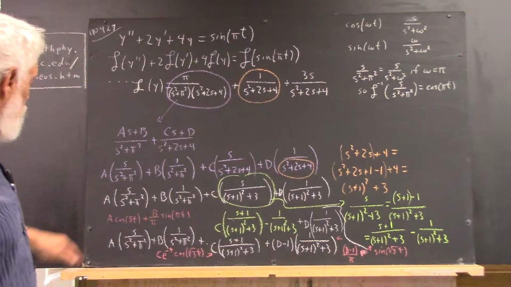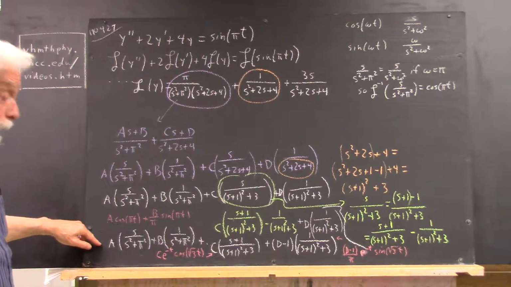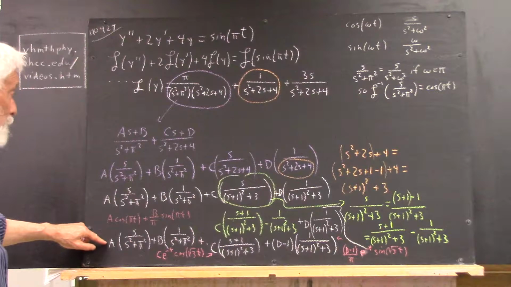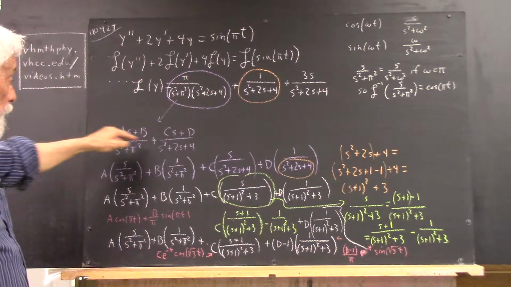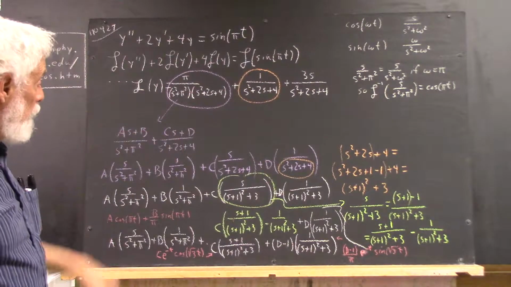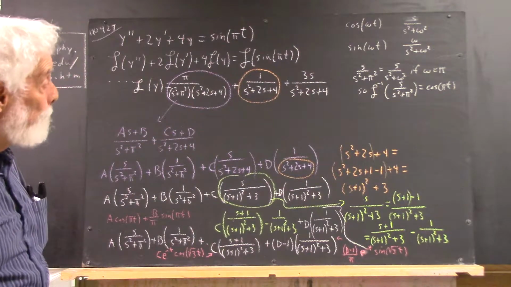Nothing to it. Now, we have the A factor here, so we're not done, but figuring out the A is just an exercise in working out the partial fractions, which we haven't touched yet. Okay?